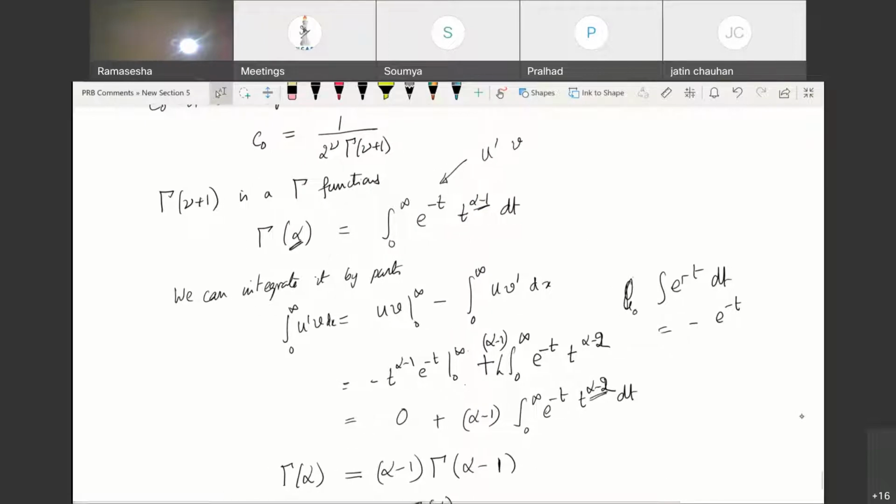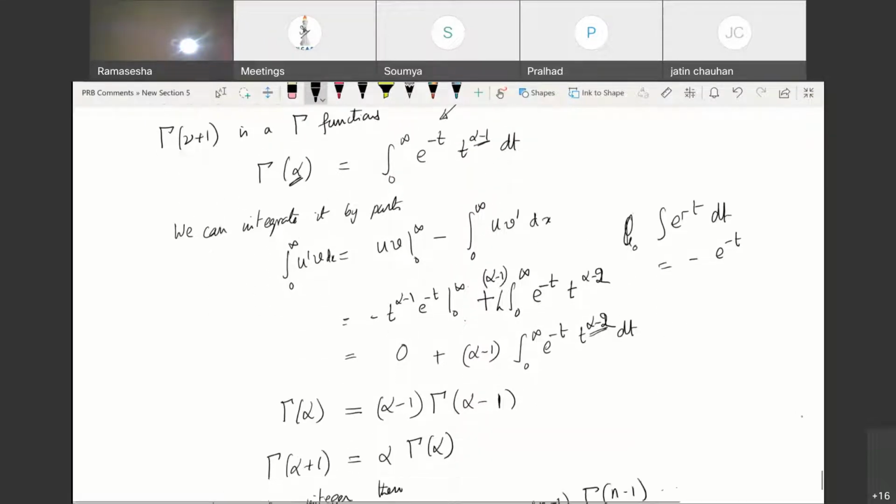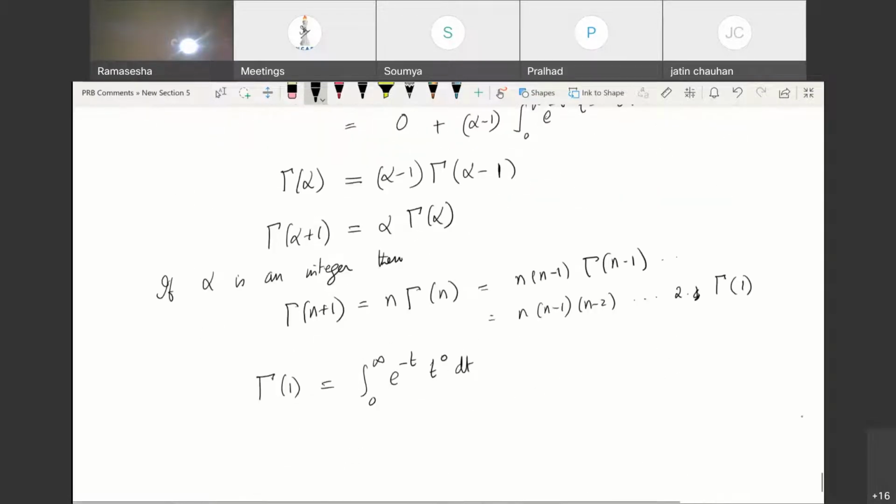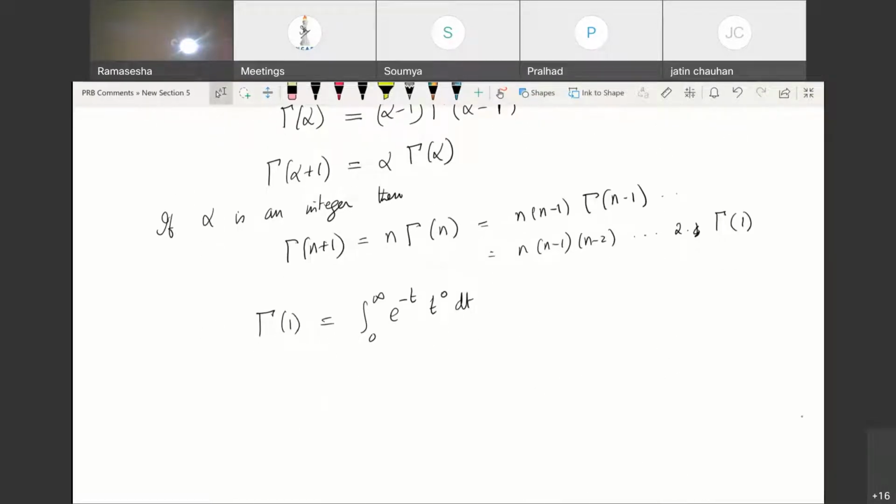Okay. So because e to the minus t, this is equal to the integral from 0 to infinity of e to the minus t dt. And what do I get? I get minus e to the minus t from 0 to infinity.